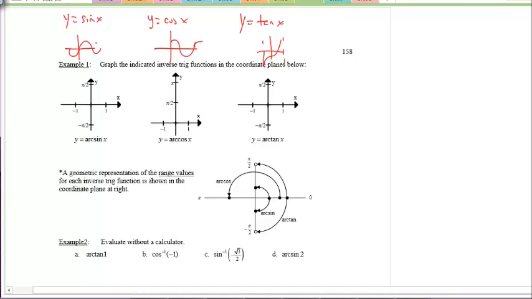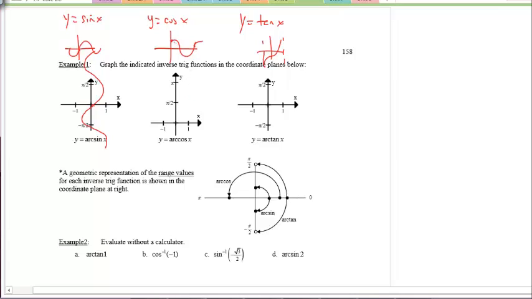So if I were to take that sine x graph and graph out the inverse or arc sine, I hope that you'll be able to see that the graph looks something like this. So there's 0, and it looks something like this, and it goes on like that. And of course it goes on like that as well. Okay? The arc cosine graph, very similar.